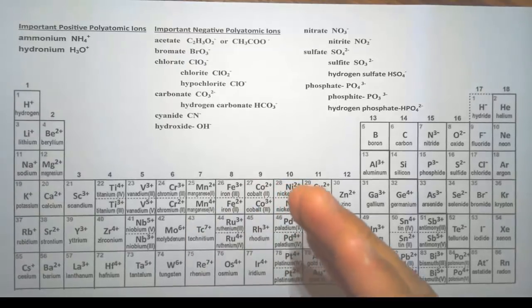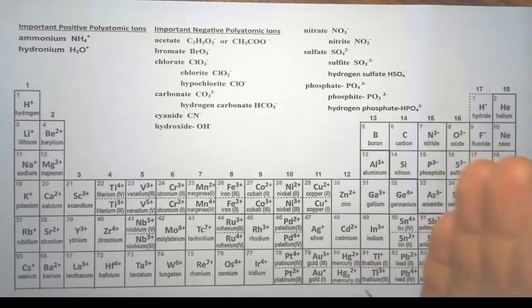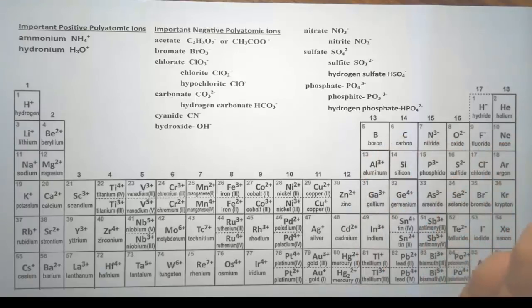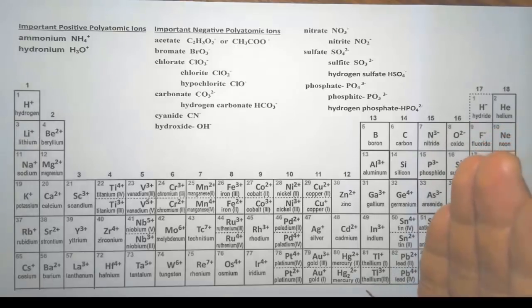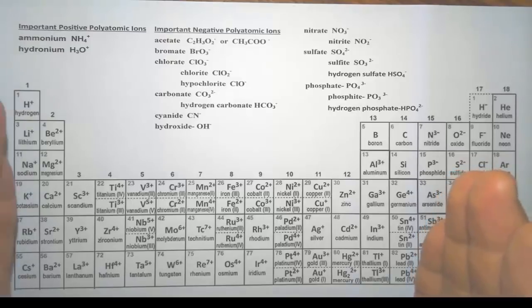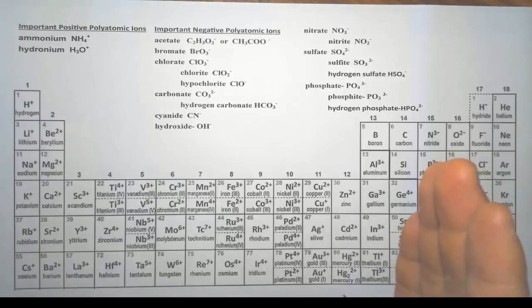In the previous lessons, we learned about using the periodic table to determine the charges of monoatomic ions, that is, ions made of one single atom. So we can look at the A groups to determine that 1A, 2A, 3A, the group number determines the charges of the specific element in that group.